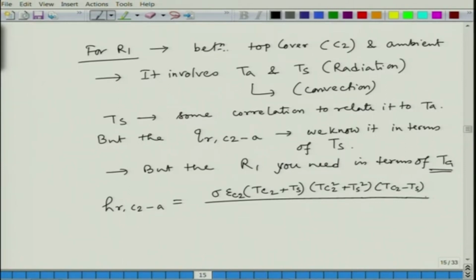This will be the heat transfer due to radiation from the top cover to the sky. How this comes you have seen in the last class. Now, we have to divide it by the temperature difference between cover 2 and the ambient temperature. Please pay attention to this, which we introduced so that we are on the same page in terms of the heat transfer coefficient for both convection and radiation.